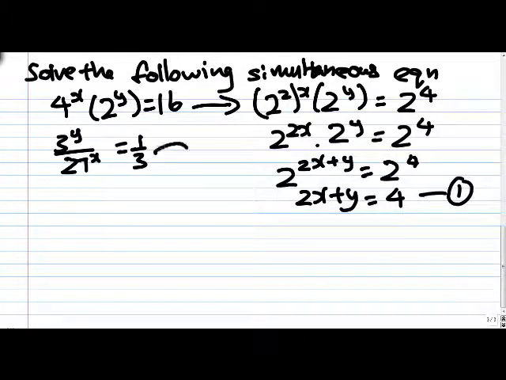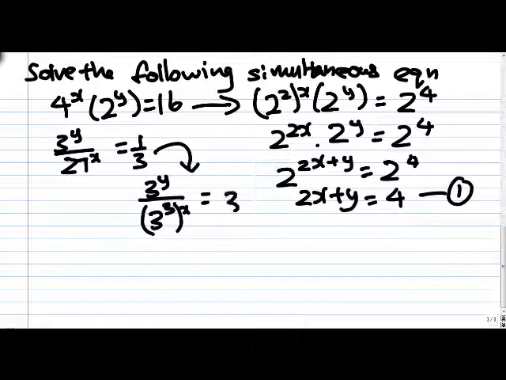Alright, let's do this here. We get 3 to the power of y over 27 to the power x. Now 27 is actually 3 to the power of 3, and 1/3 is actually 3 to the power of minus 1 according to the law of indices. So next step, 3 to the power of y over 3 to the power of 3x equals, oops, I've just made a mistake, let me erase this.